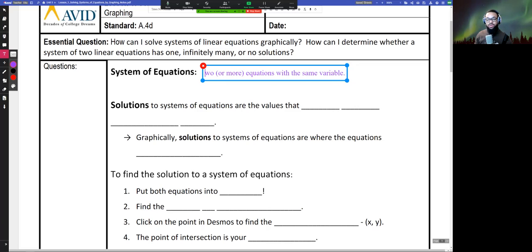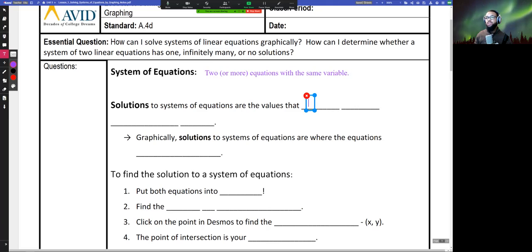And when we want to find what a solution is, the solution to a system of equations is any value that makes every equation true.